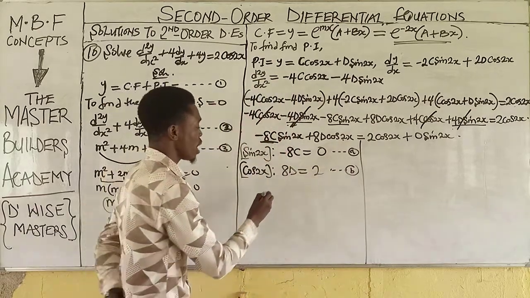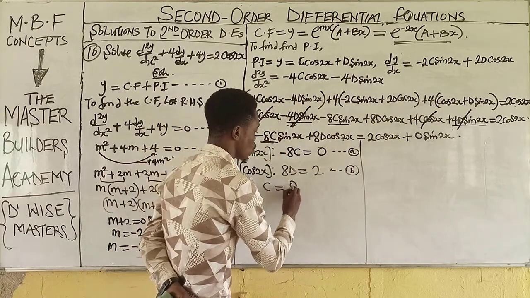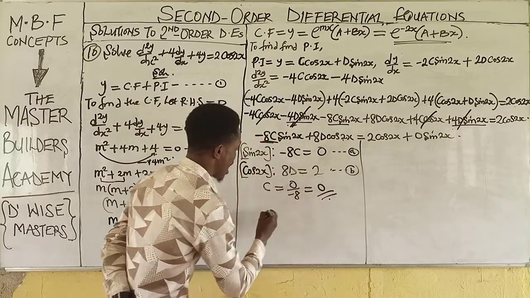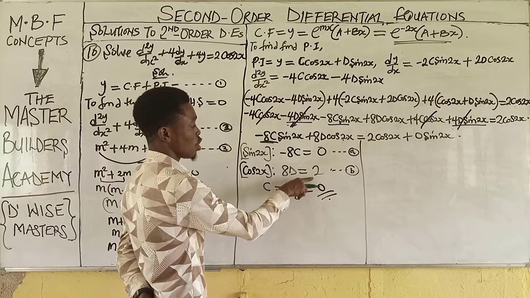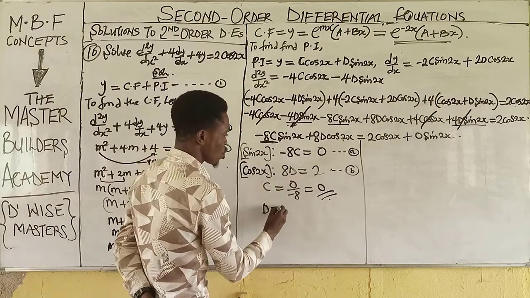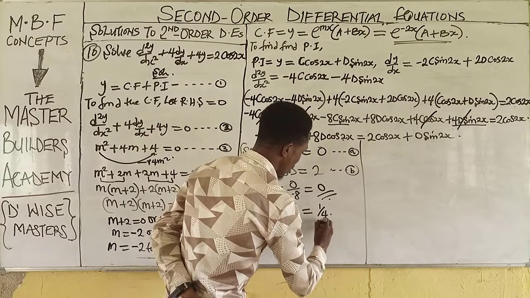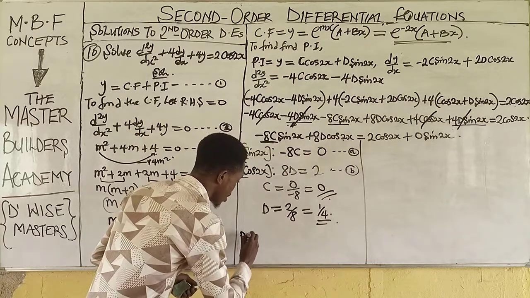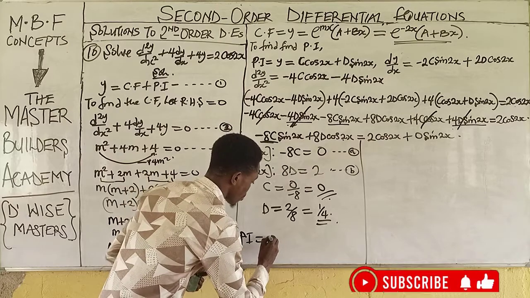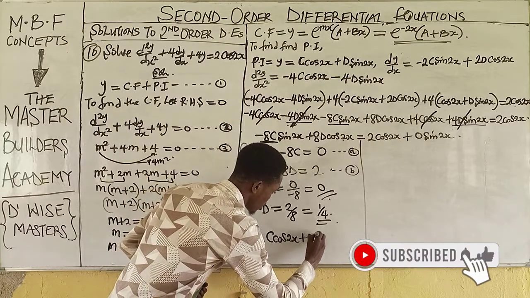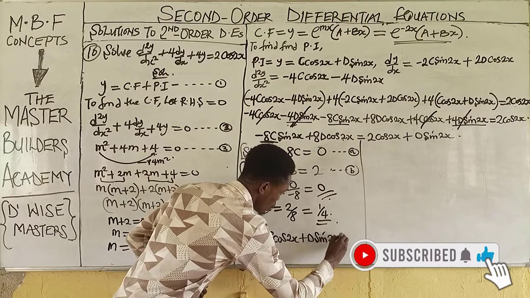Now from equation A, we know that c is equal to 0 divided by negative 8, and this will have given us 0. And then d, from equation B, d would have given us 2 over 8, and this will give us 1 over 4. That our particular integral is equal to c cos 2x plus d sine 2x.